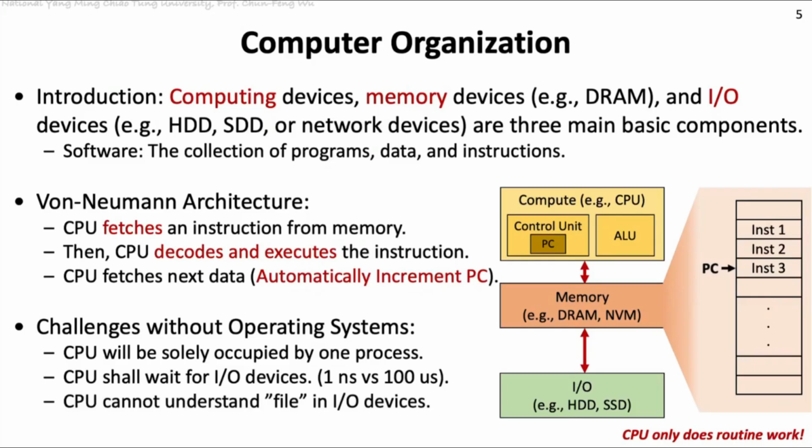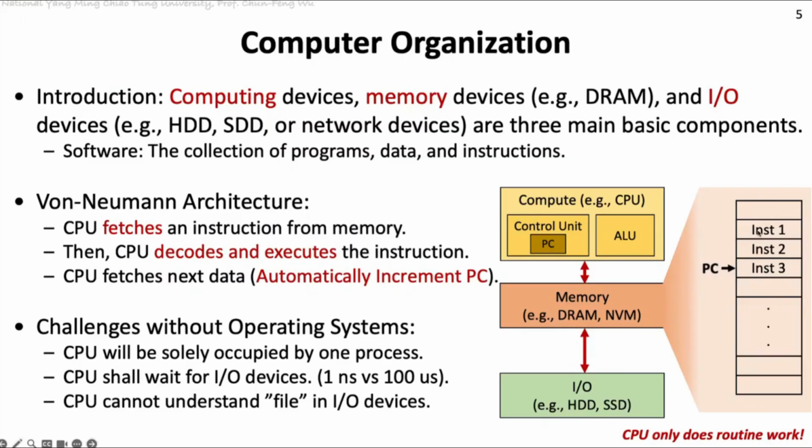The third one is the file system. If we do not have an operating system, that means we do not have a file system. So the CPU cannot understand what a file is. The CPU only knows, this is the first instruction, so we read the first instruction and decode it, right?